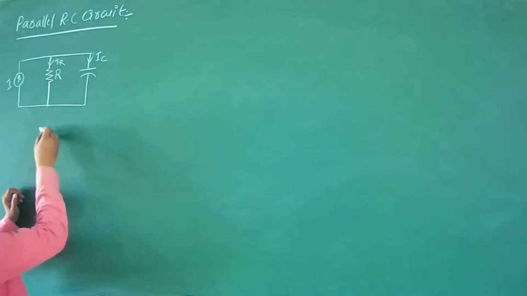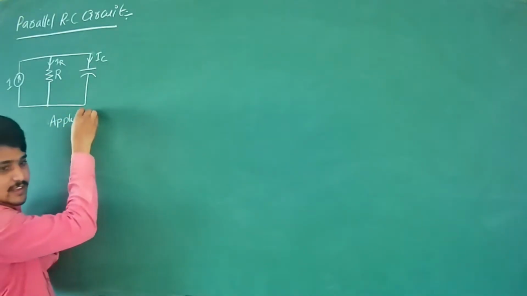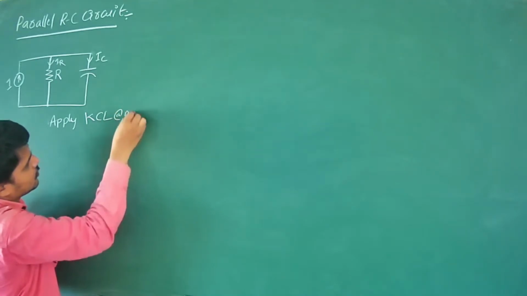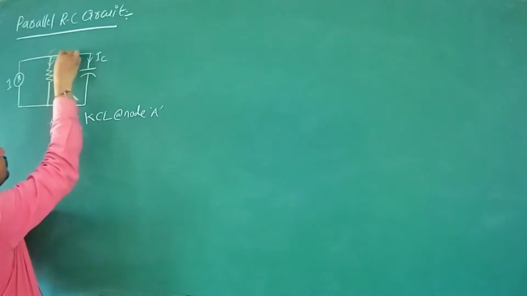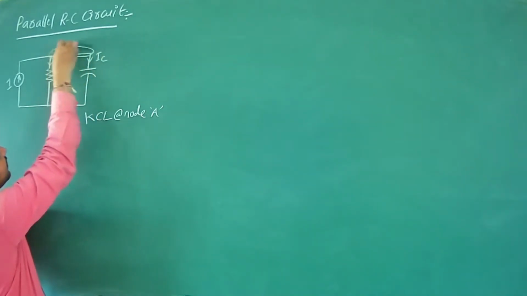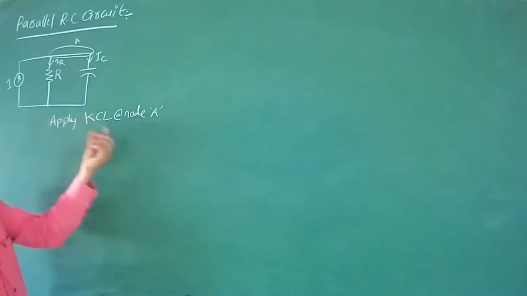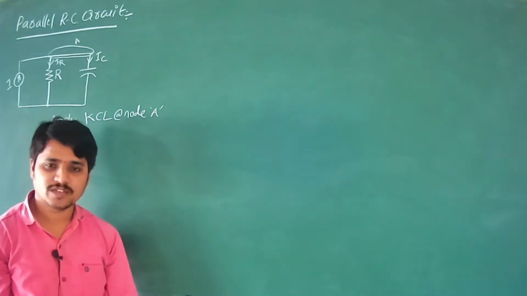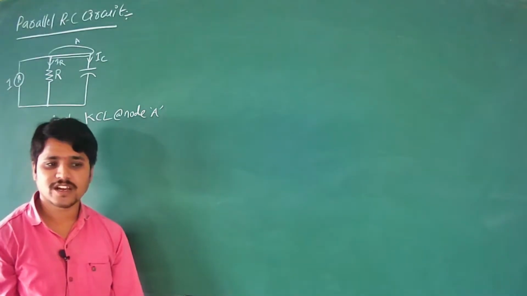Now here the current flowing through the resistor is IR, and the current flowing through the capacitor is IC. So apply the Kirchhoff current law at node A. Kirchhoff current law states that the algebraic sum of the currents entering any node is equal to the algebraic sum of the currents leaving that node.